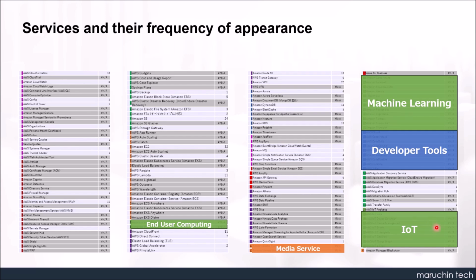But sometimes in the context of IoT, a use case involving the combination of AWS IoT Core and Kinesis to centralize the streaming data from IoT devices may appear. So that's all for the explanation of the services tested and their frequency of appearance. By prioritizing the frequently tested services in your study, you can efficiently improve your scores.